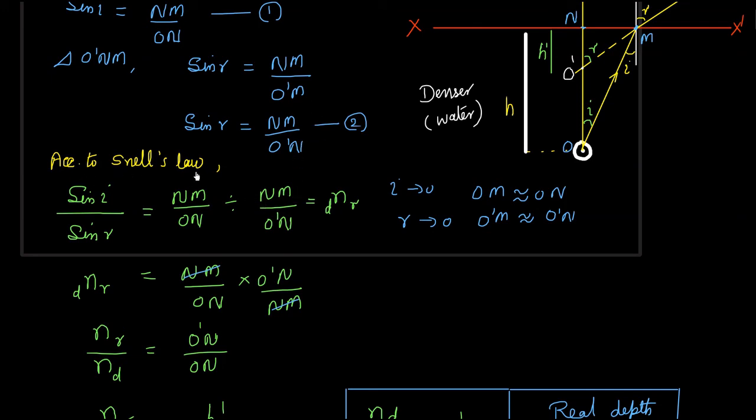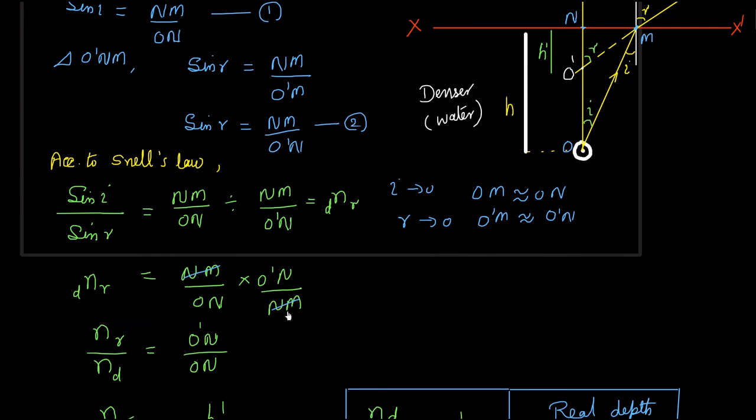According to Snell's law, sin I by sin R equals the refractive index of rarer medium with respect to denser medium. The equation can be rewritten as refractive index of rarer medium with respect to denser medium is equal to NM by ON into O dashed N by NM.